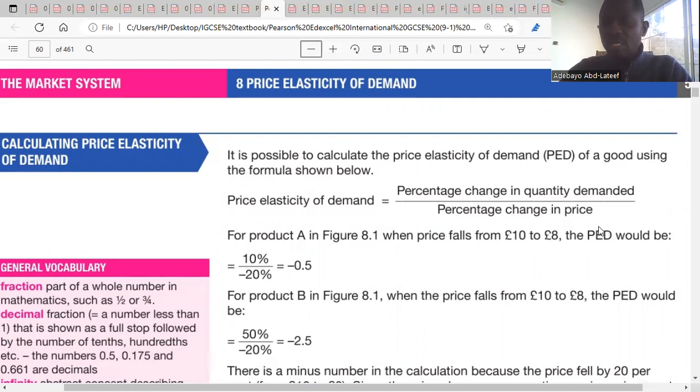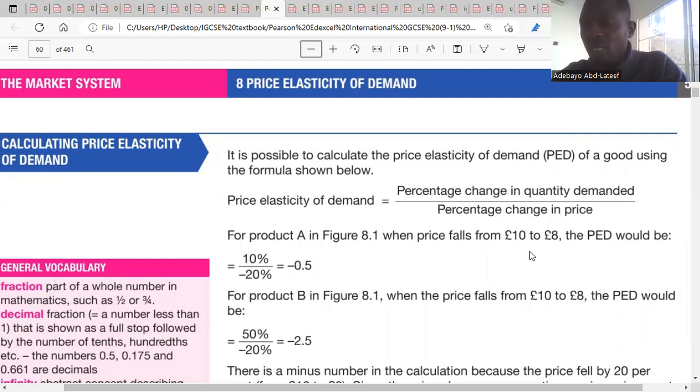So PED is (Q2 minus Q1) over Q1, divided by (P2 minus P1) over P1. The numerator is the change in quantity demanded, and the denominator is the change in price, where P1 is the original price, the market price.